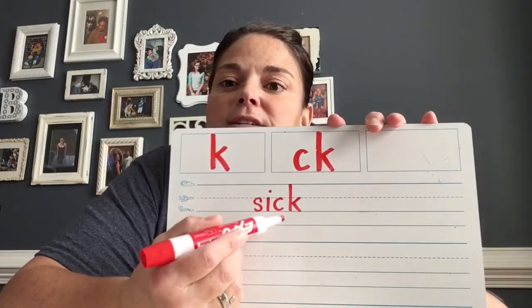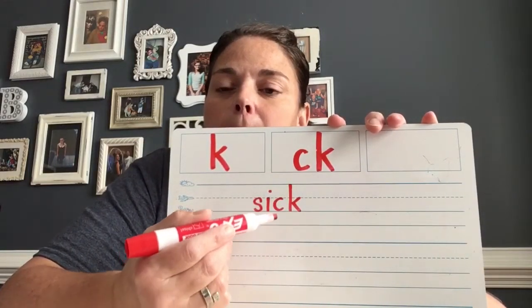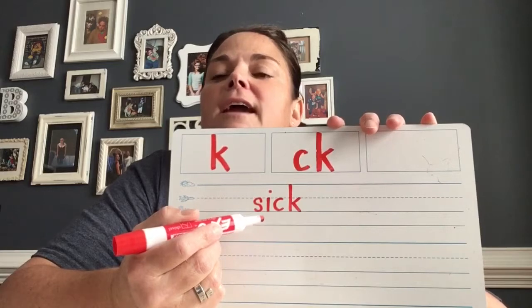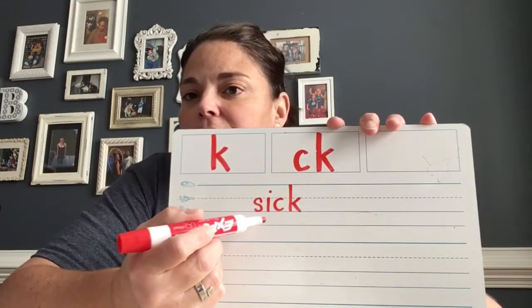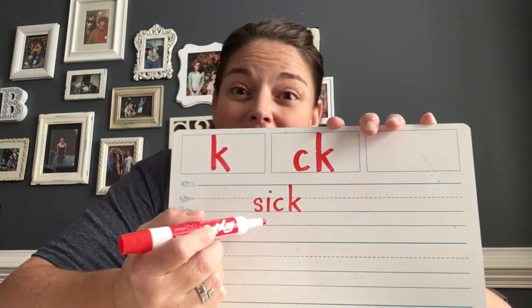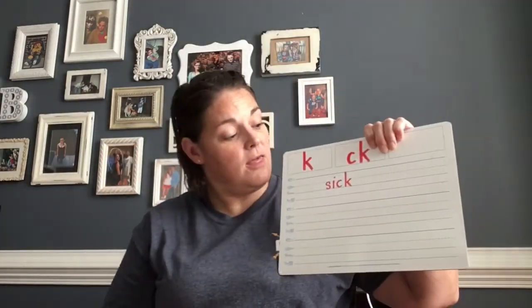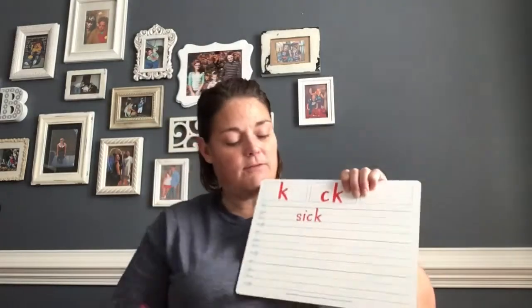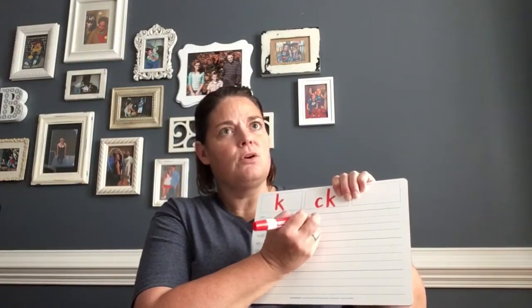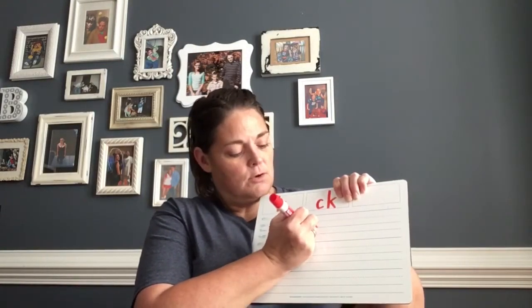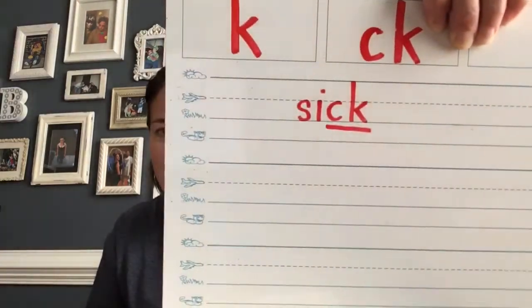I used the digraph CK because the k came right after the short I. Are you getting it? Well, I hope you knew that. I forgot to mark the digraph. How many lines? One. Because it makes one sound.